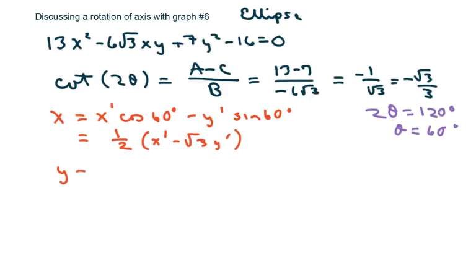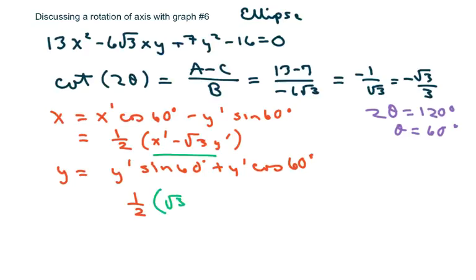And our y, again, the formula is x prime sine of 60 plus y prime cosine of 60 degrees. And that's just going to be 1/2, you're just switching these around here, basically. You're going to get square root of 3 over 2 x prime, change it to a plus, and this will be y prime. This is not x, this is y, sorry.